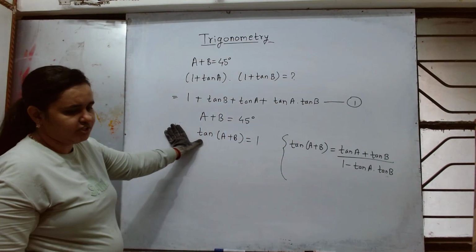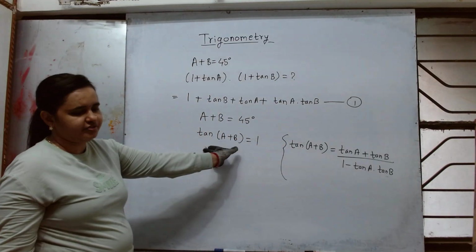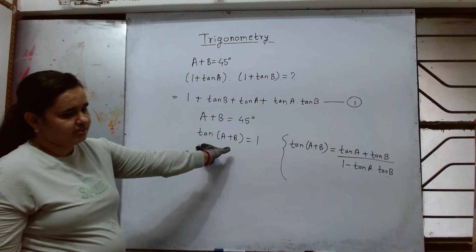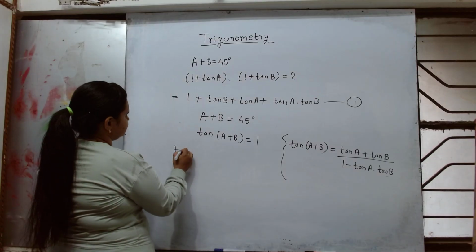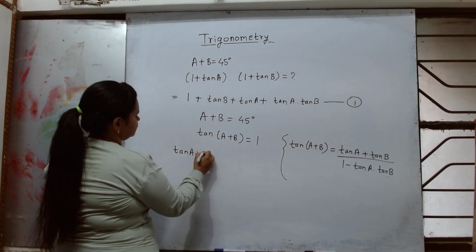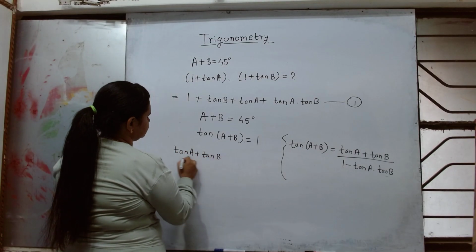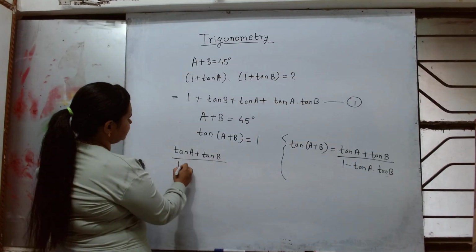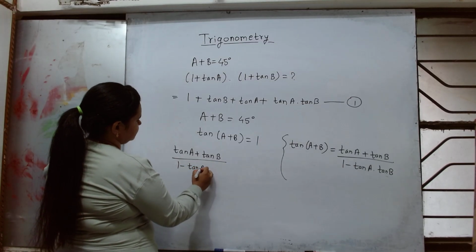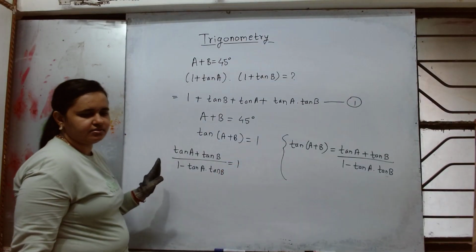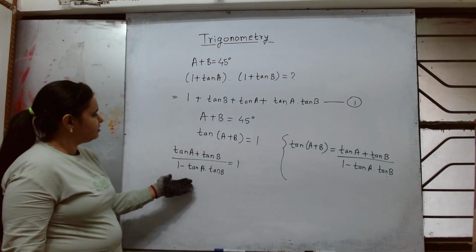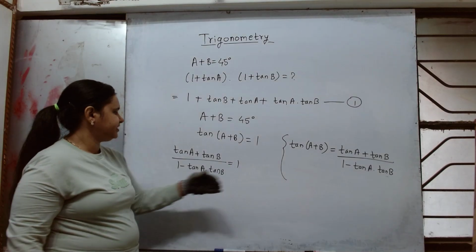Now we can put the formula here. Instead of tan of a plus b, we can write the formula: tan a plus tan b upon 1 minus tan a into tan b is equal to 1. Now multiply this side to this side.